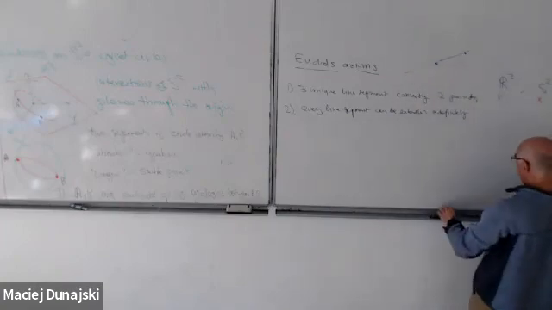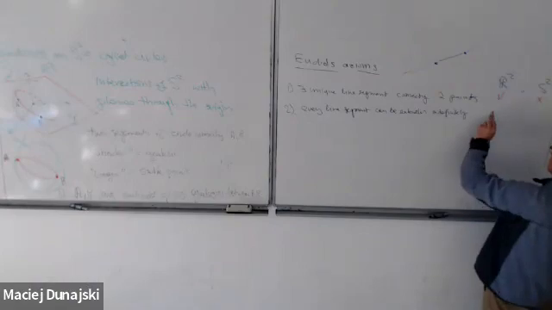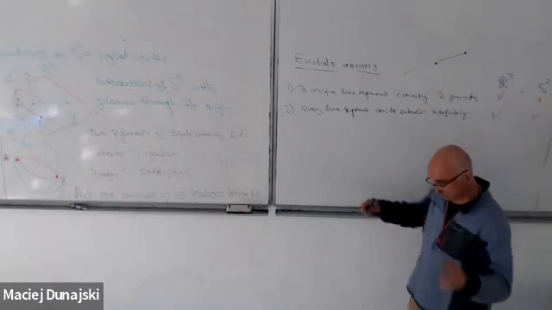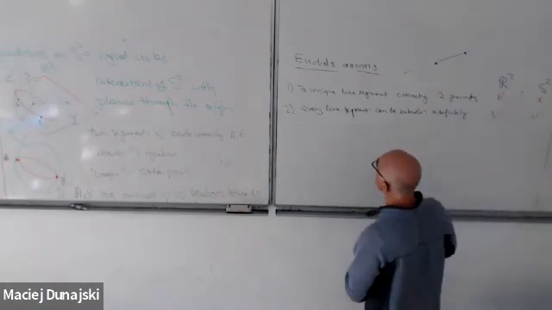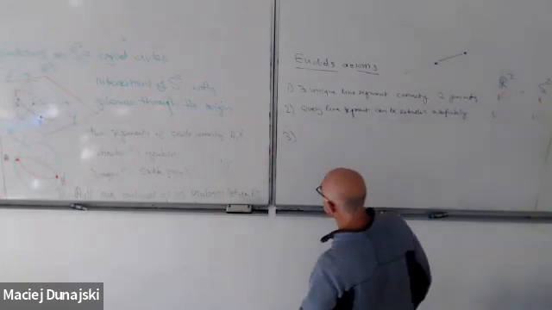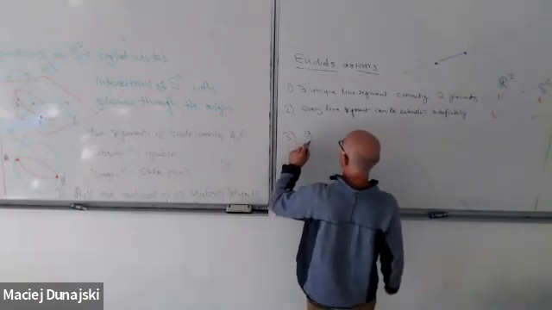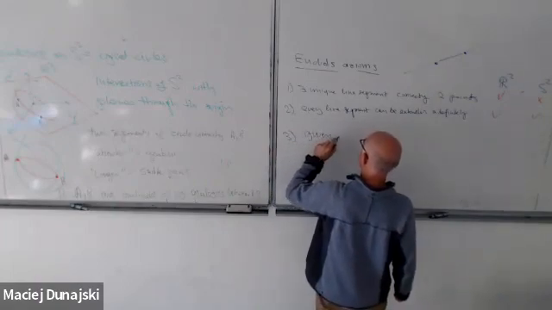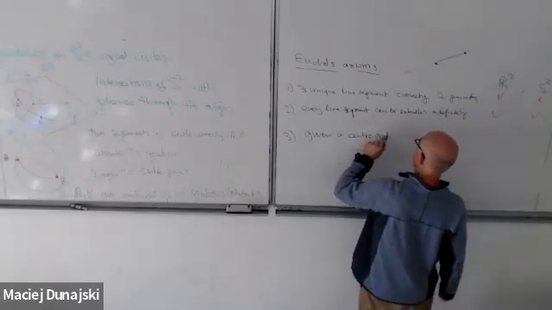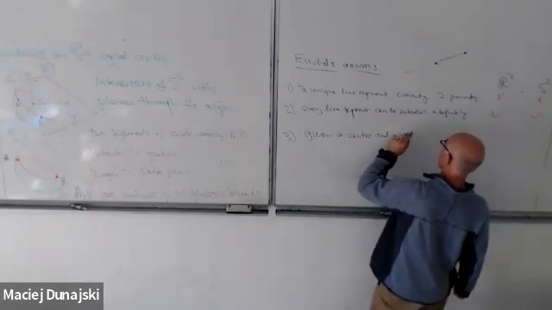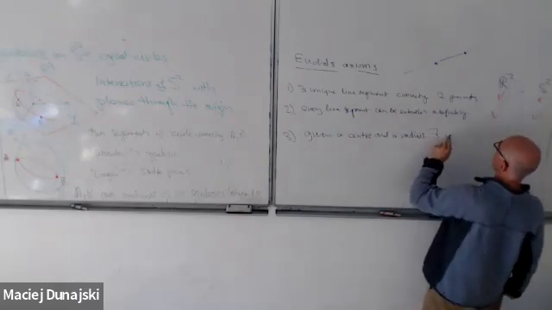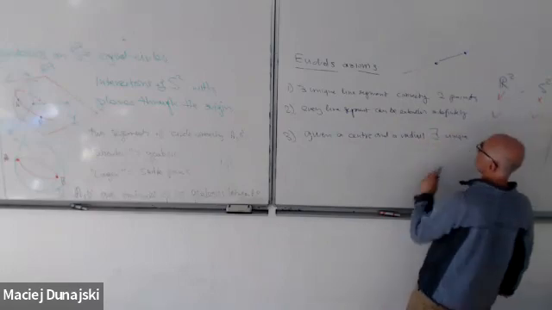That holds both on the plane and on the sphere, because once we have a line segment of a circle, we can extend it to a circle. Third axiom is that given a center and the radius, there exists a unique circle.